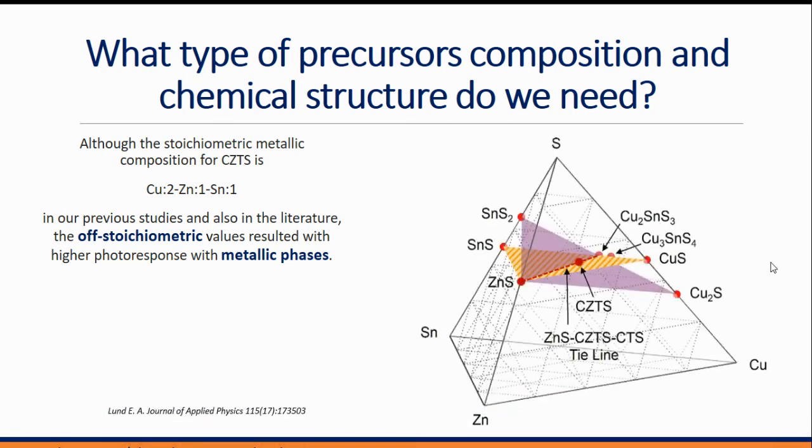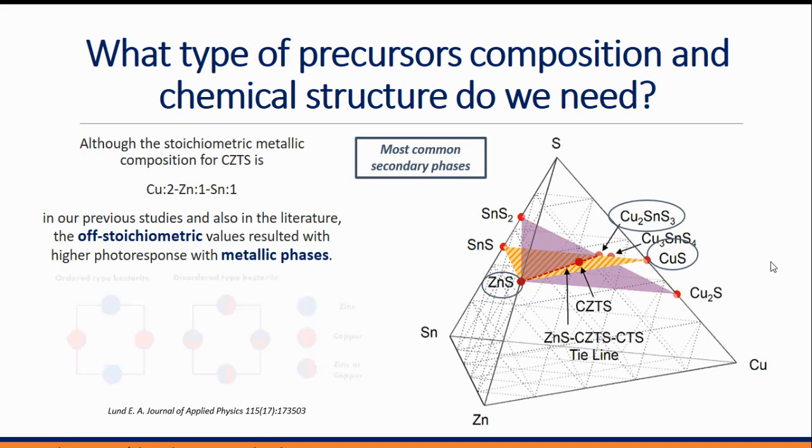However, at the same time, we know that it's not easy to manufacture the precise composition that we would like, because as you can see in this quaternary phase diagram, we are forming secondary phases that we are not interested in seeing in our material.